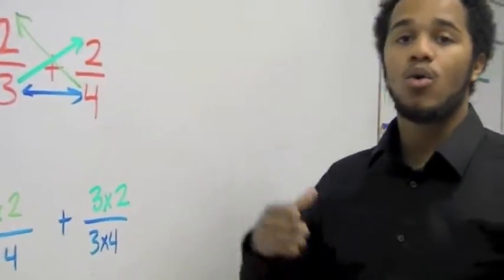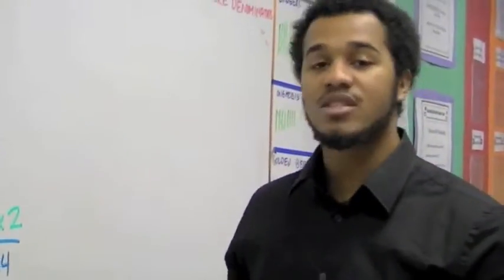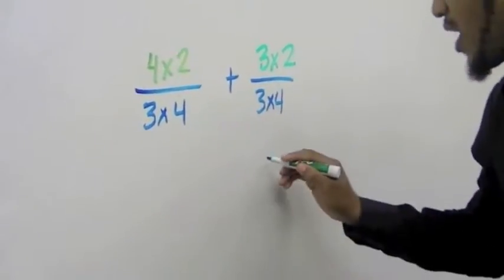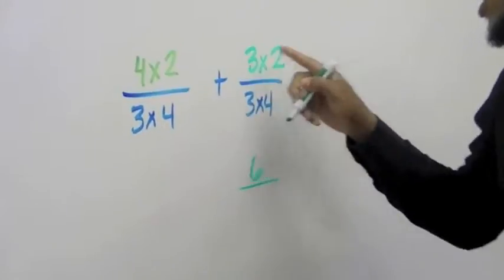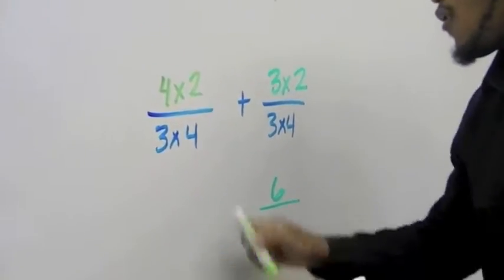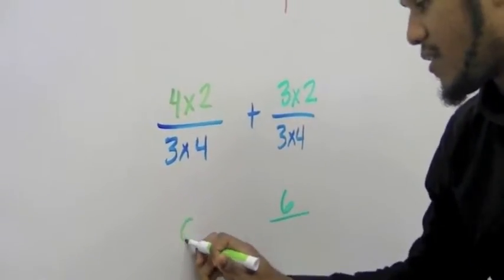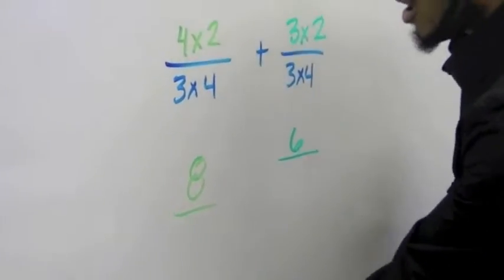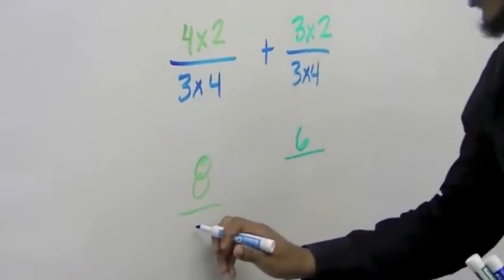Now, we're going to multiply all these out to see exactly what we have to add together. So here we have 6. 3 times 2 is 6. 4 times 2 is 8. And both will be over 12.